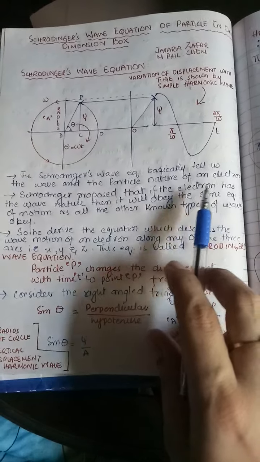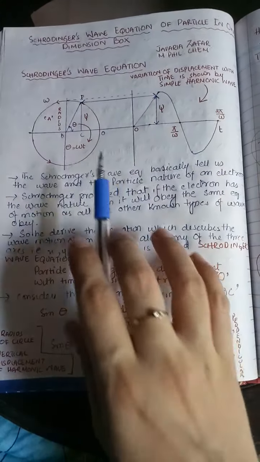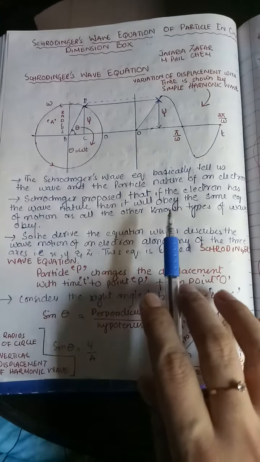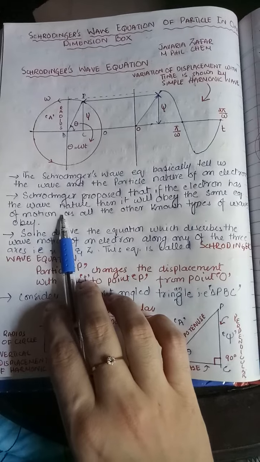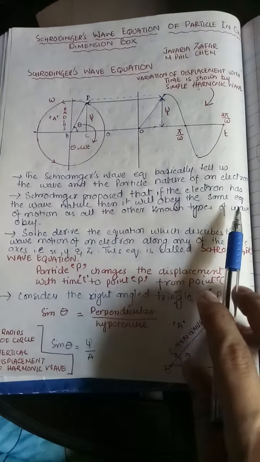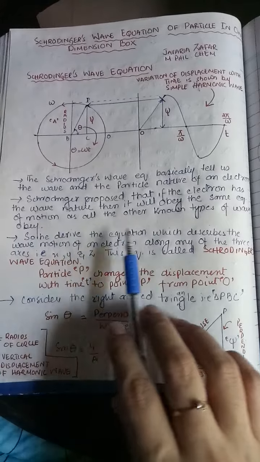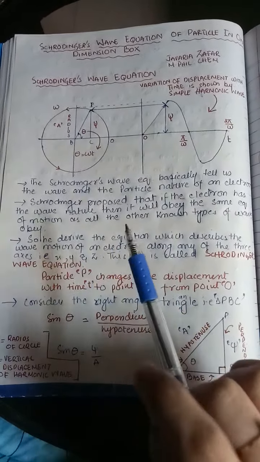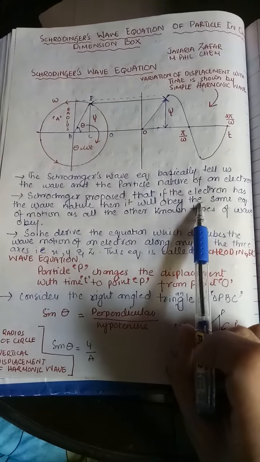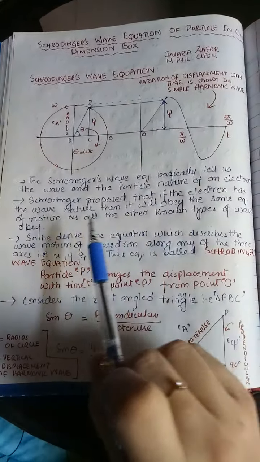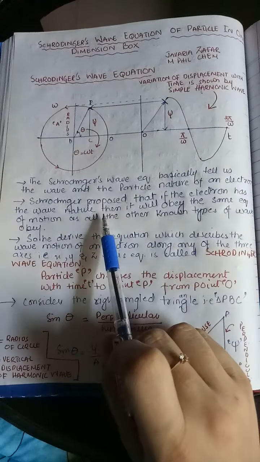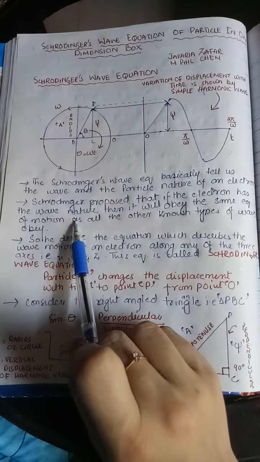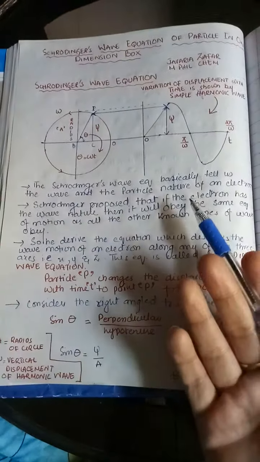To discuss how the Schrodinger wave equation is derived, he proposed that if the electron has wave nature, then it will obey the same equation of motion as all the other known types of waves obey.